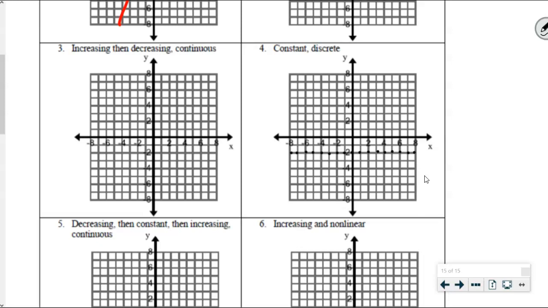Okay, great. Constant because it is not increasing or decreasing. It is discrete. It is just a collection of dots. Multiple times he had to pick up his pen and put it back down in order to do that.